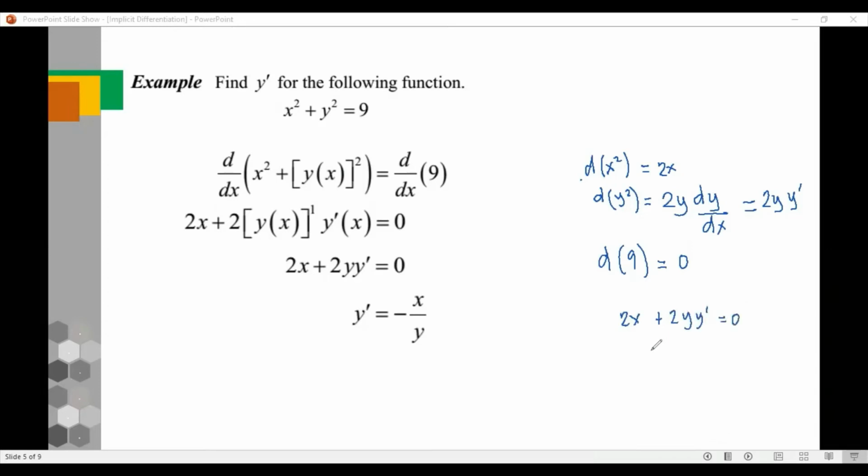We transpose those with a y prime to keep them on the left side, and to the right side we have negative 2x. Divide by 2y on both sides so that we are left with y prime, and we can cancel the 2 and the 2. So we have negative x over y. That's why we have negative x over y for y prime.